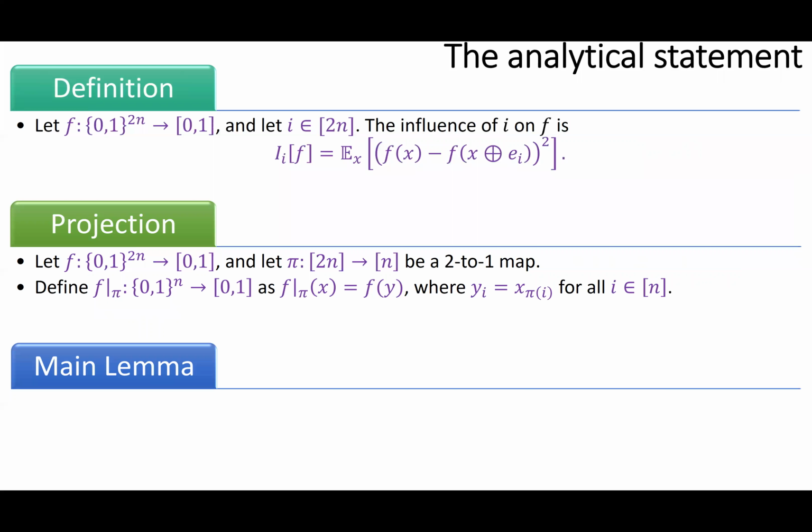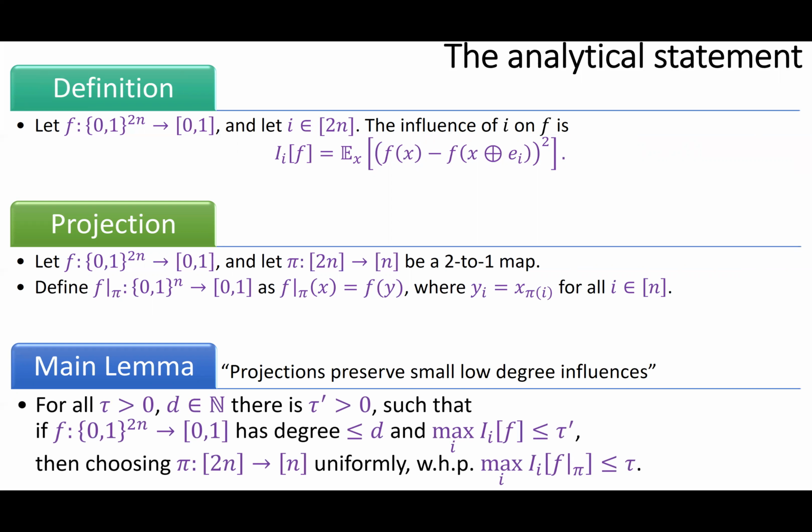Good. So now that we have the definition of influences and projection, we can state our main lemma. There are several parameters in it, but really the idea here is that if you have a function that has low degree and has all of its influences being small, and you take a random projection of it, then the function will still have small influences.